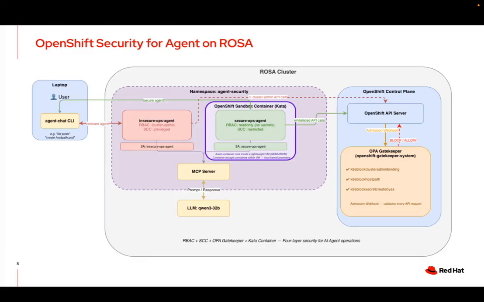So first, this is to address a customer concern of how can I make sure the AI agent is running securely in the OpenShift platform. Usually, this is targeted at the platform architect or platform teams.